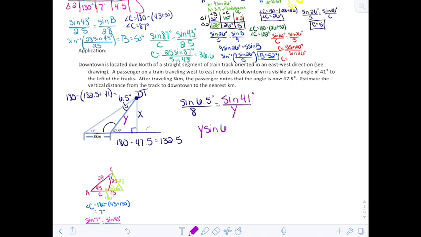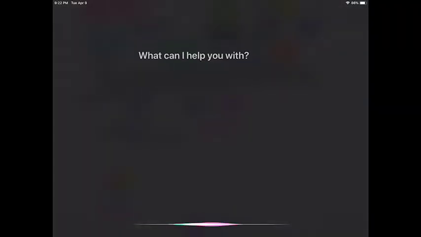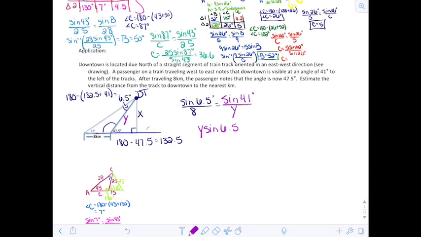So y times the sine of 6.5 equals 8 times the sine of 41. So y is 8 times the sine of 41 over the sine of 6.5 degrees. So as I do that, I'm going to be careful where I look here now, all these numbers running around, I get y to be 46.4 kilometers.